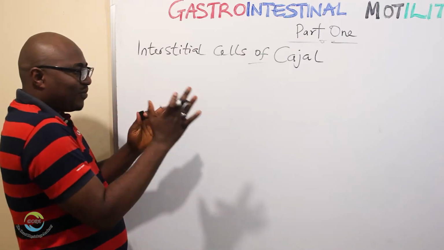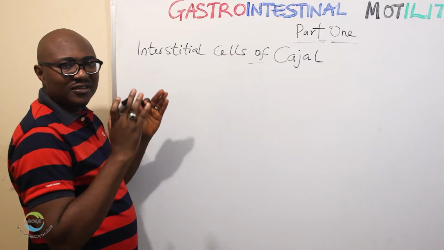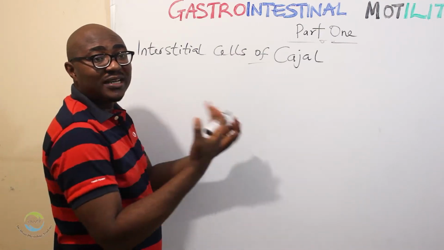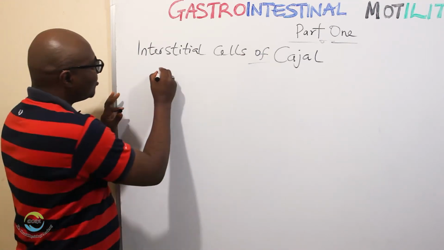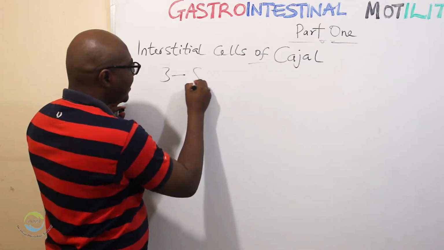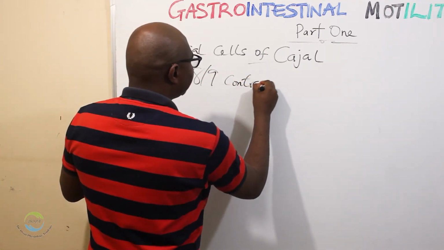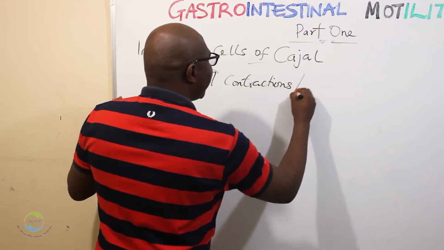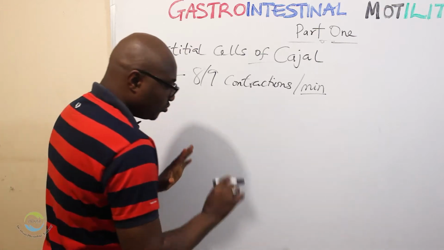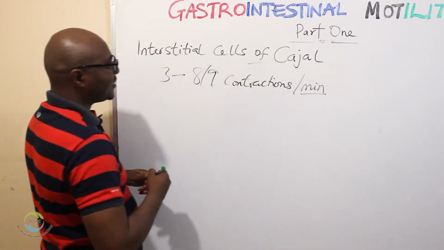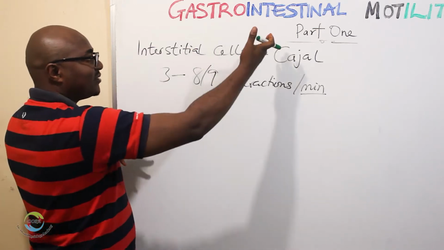And they vary from the different segments, from sometimes 3 contractions per minute, sometimes as much as 8-9 contractions per minute. Okay? So 3 to, let's say, 8 or 9 contractions per minute.